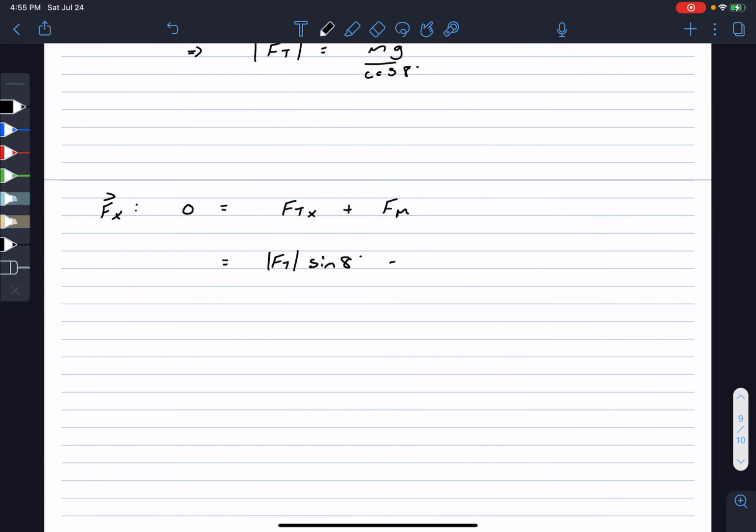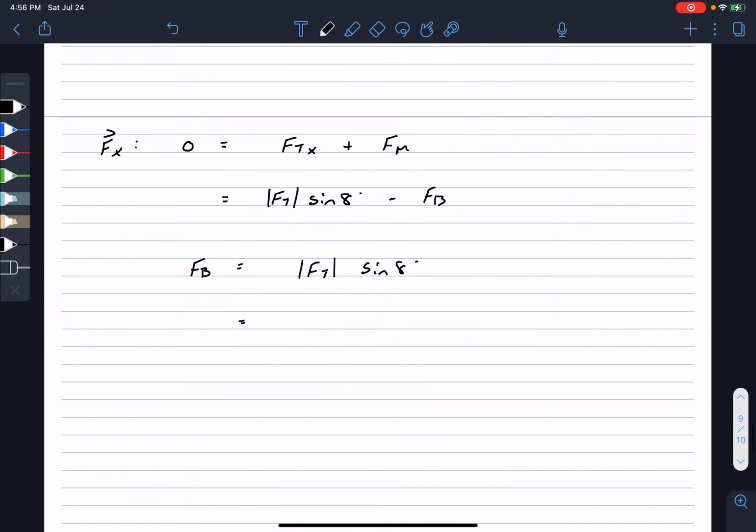Minus F_B. And so we're saying that the magnetic force is going to be equal to F_T sine of 8 degrees. And that is because we already found what this value is, mg over cosine 8 degrees, times sine of 8 degrees.